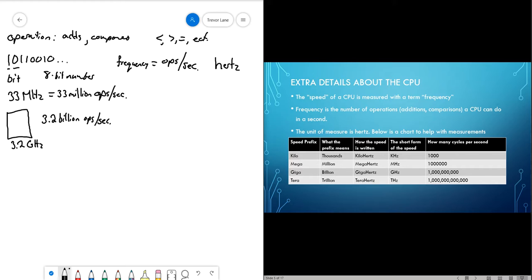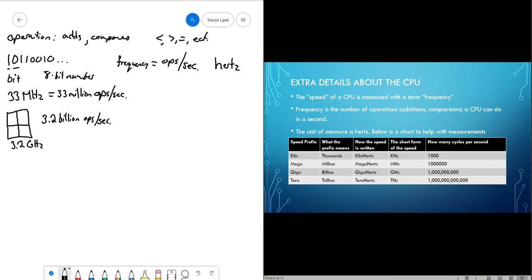Well, what's the big deal? Well, CPUs aren't done yet. They're still growing. Your average CPU nowadays has multiple cores. What does that mean? It actually means that its CPU is actually broken down into a set of CPUs. So you might have 2 cores in your computer, which we'll call a dual core, dual meaning 2, or you might have 4 cores, which would be what we call a quad core, quad being 4.